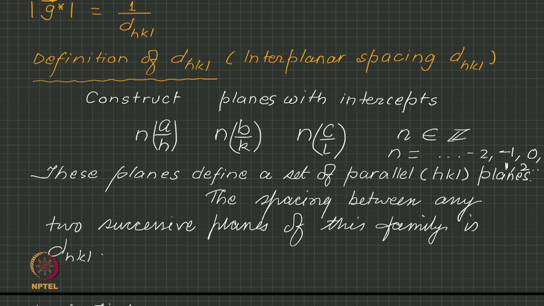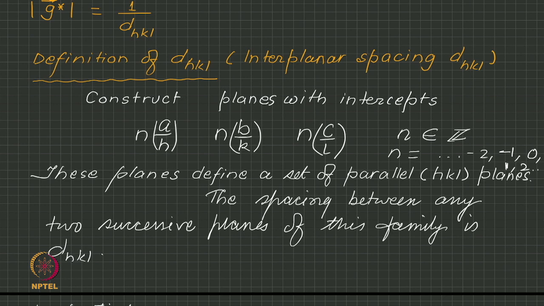These are now periodically spaced planes, because the first plane makes intercept A by H on the x axis, the next plane makes an intercept 2A by H, the next plane makes an intercept 3A by H. So, on the x axis you can see they go in a periodic way, and same with the y and z axes. So, in space also they are periodically spaced with a fixed spacing.